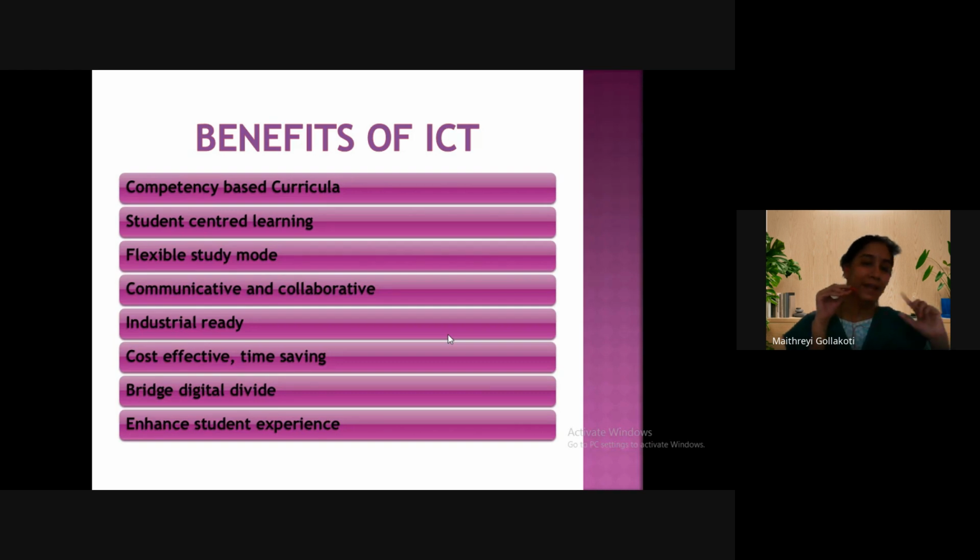And that way they can remember it well. When they see, they can remember well. So this technology, ICT, will help the students in a big way. Okay, next.